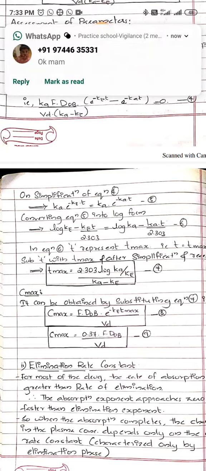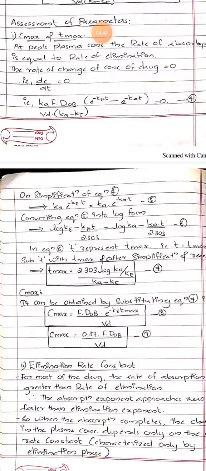Then again there will be a simplification of equation 6, and we will write the direct equation, not the steps. After substituting T with Tmax and simplifying, you will get Tmax is equal to 2.303 log Ka by Ke divided by Ka minus Ke.